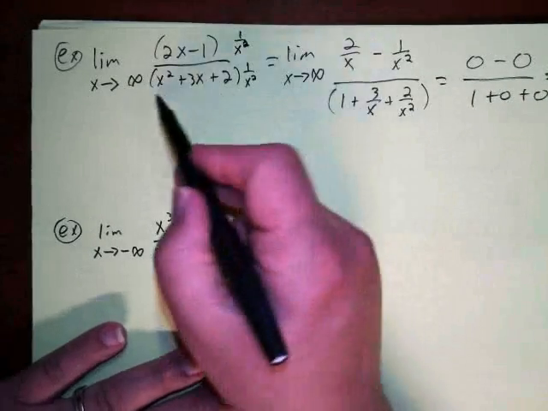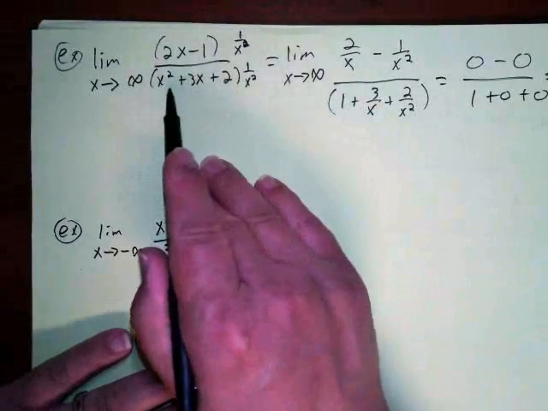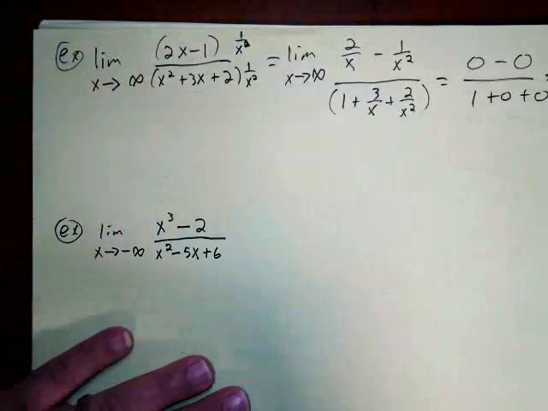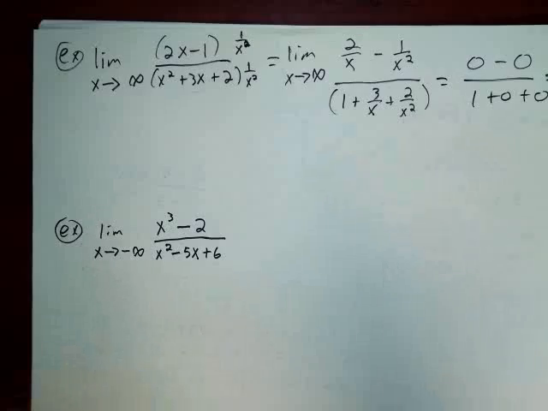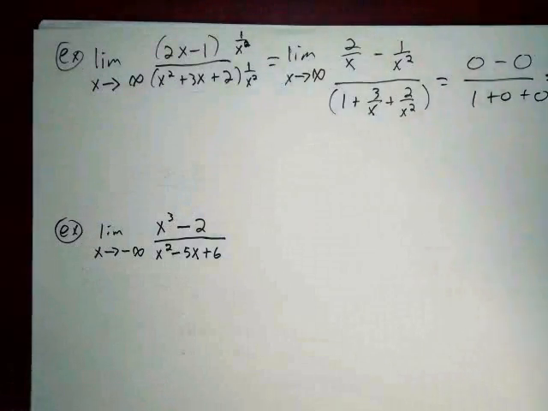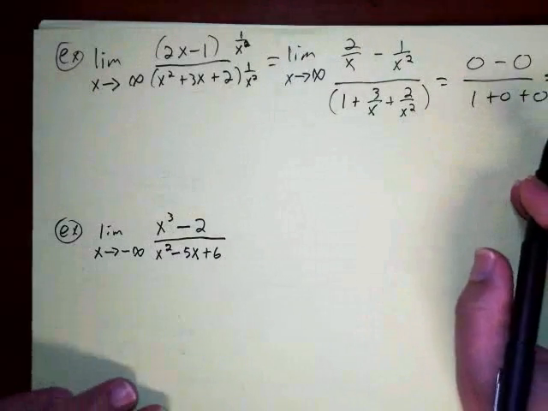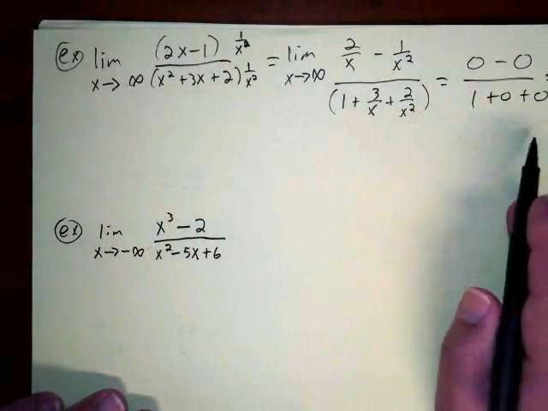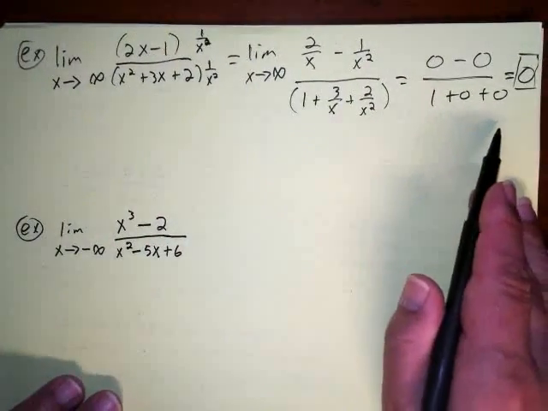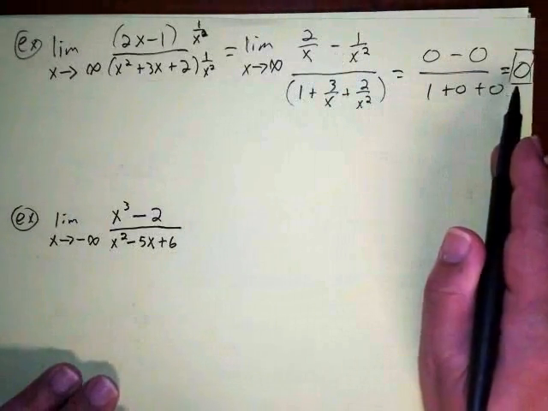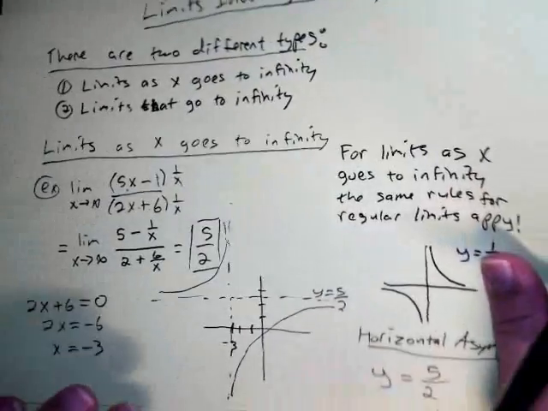But notice also this is a rational function where the degree of the denominator is bigger than the degree of the numerator. And so it'll have that horizontal asymptote of y equals 0. It'll level off at the x-axis. So this actually fits with that. In fact, this actually shows you why you have the horizontal asymptote at 0, or when you have the degrees the same.